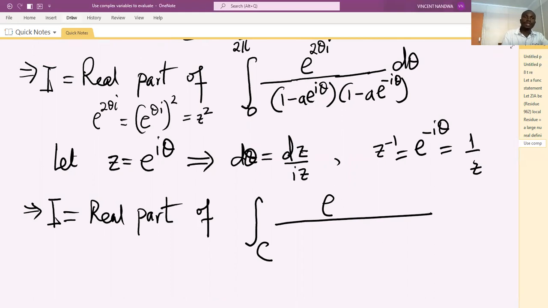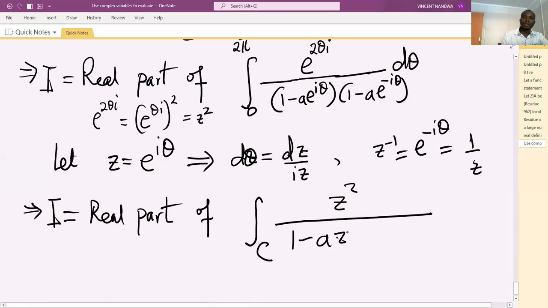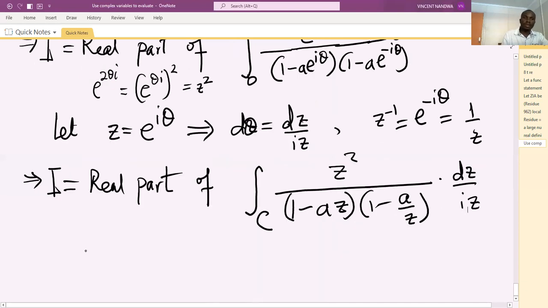Therefore the numerator will be z squared over 1 minus az, and then 1 minus a over z, this part, then dz over iz. Remember to specify that C is the unit circle.